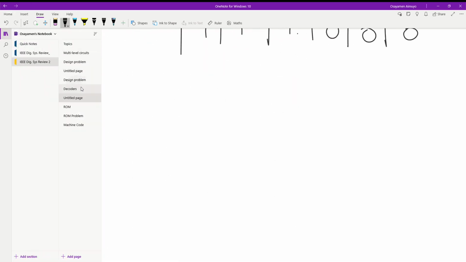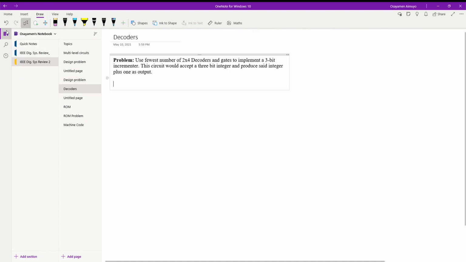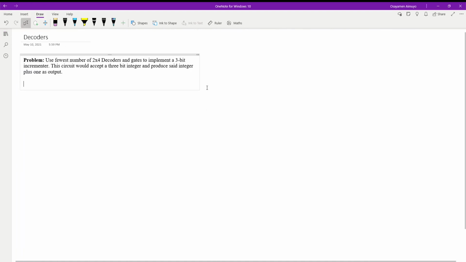Okay, so let us see what we have here. Okay, so we're to use the fewest number of 2 by 4 decoders and gates to implement a 3-bit incrementer.